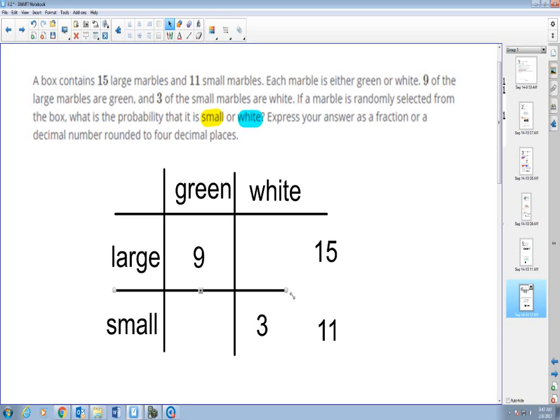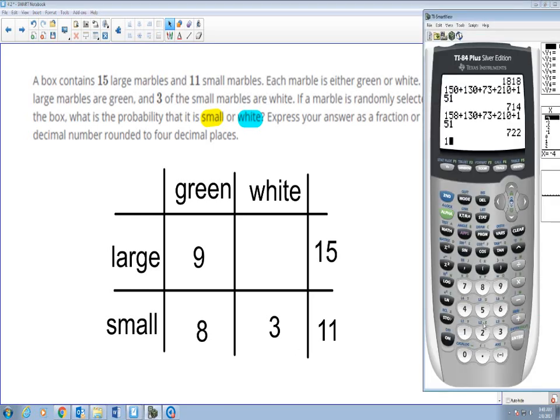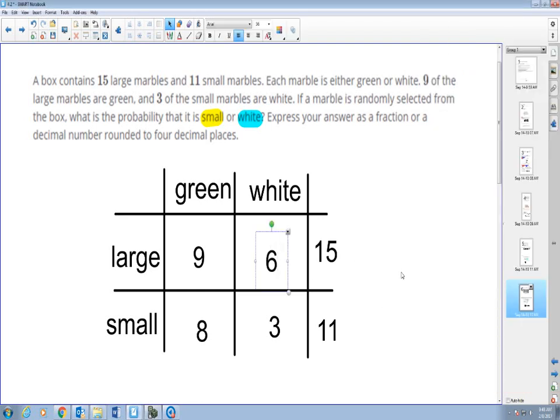So 15 minus 9 will tell me how many are white: 6 are white and large. 11 total small minus 3 will tell me there are 8 green ones that are small.